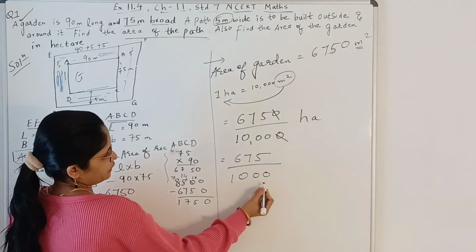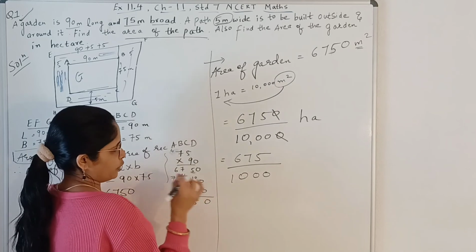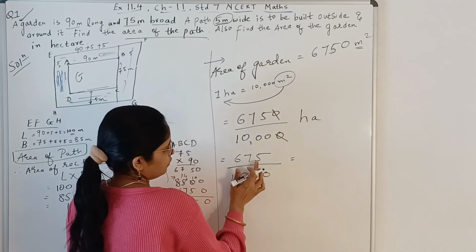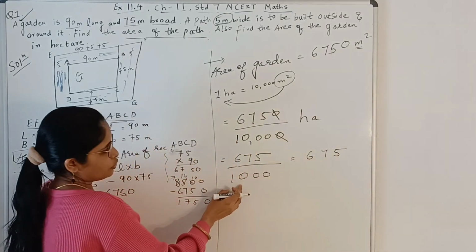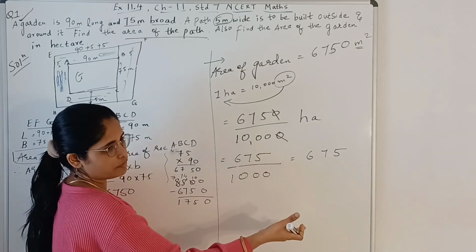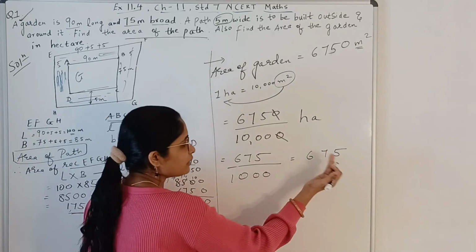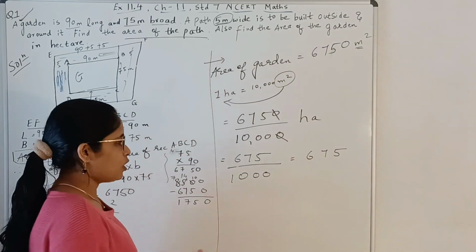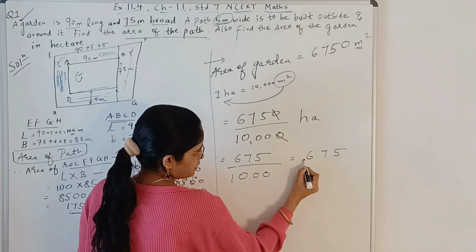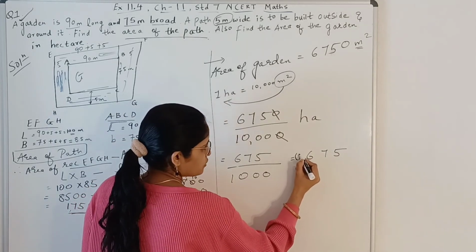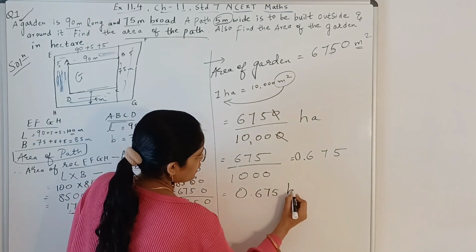Now 1000, there are 1, 2 and 3 zeros, right? So after 3 digits we will put a decimal point. Okay, so first, second and third digit, right? So 675, now this fraction we will convert into decimal. So how many zeros are there in 1000? 3 zeros. So after 3 digits we will put a decimal point. Okay, so start counting. First digit 1, 2 and 3. So here we will put the decimal point. Okay, so here we can write 0. So our final answer is 0.675 hectare.